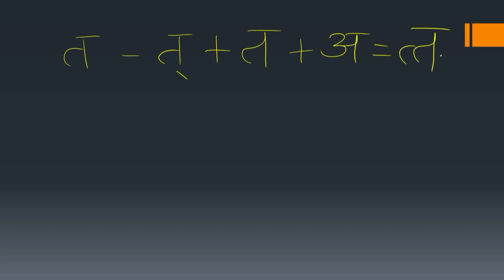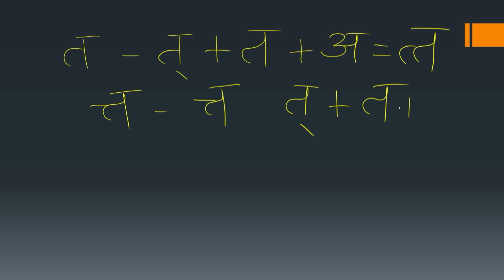This could be written also as this. So this line over here and ta means half ta plus full ta and plus swar or vowel a. Dattaraj, name of a person.